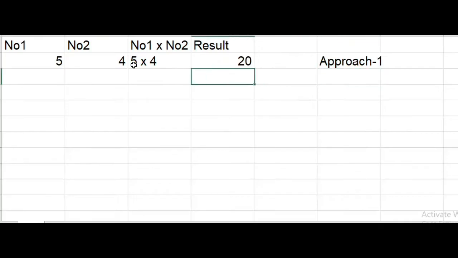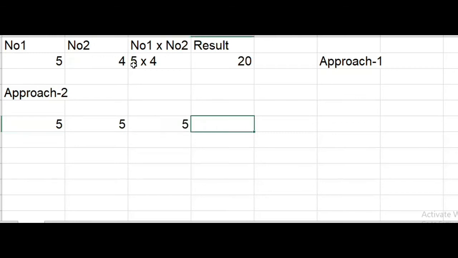Okay. Now in the second approach, I am going to take number 5 four times. And then I am making 5 plus 5 plus 5 plus 5.